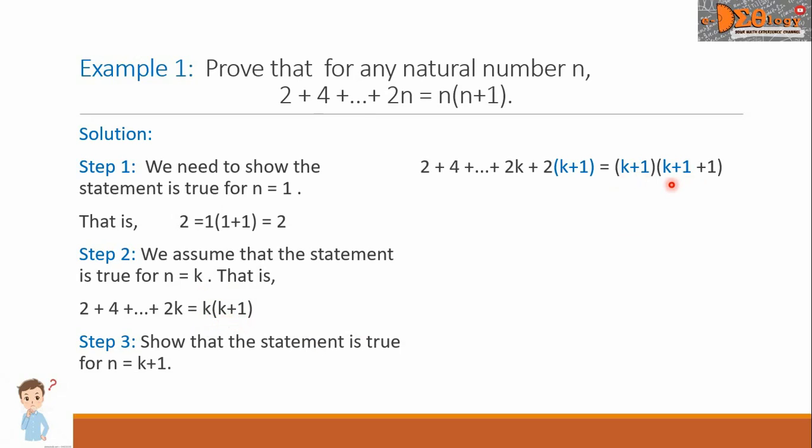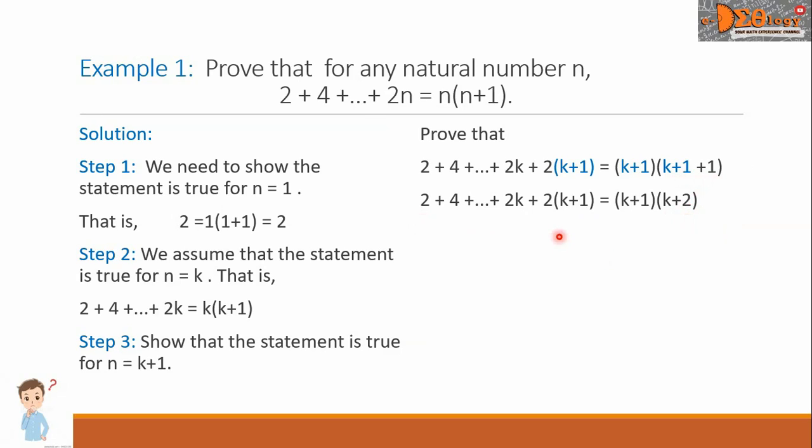We will write it also as k plus 1. And upon doing this, we're going to prove that this left side is equal to the right side. Simplifying further, the right side here becomes k plus 1 times the quantity k plus the 1 plus 1 becomes 2.